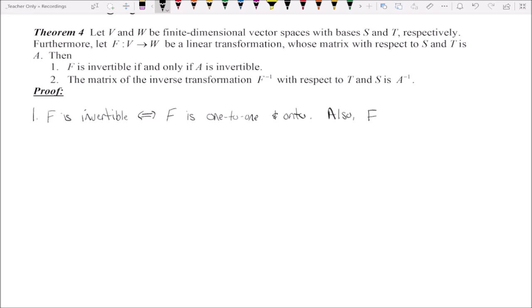Also, f is 1-to-1 if and only if the nullity of f is equal to 0.